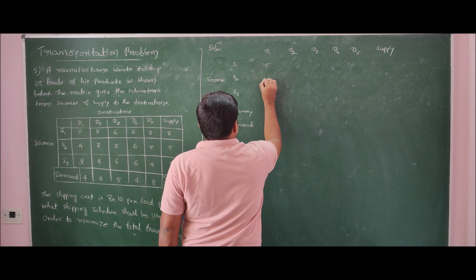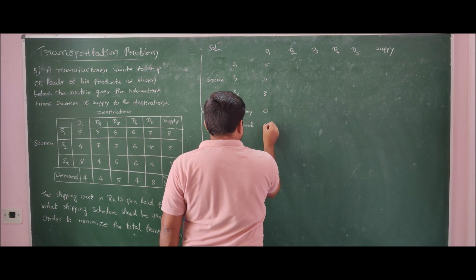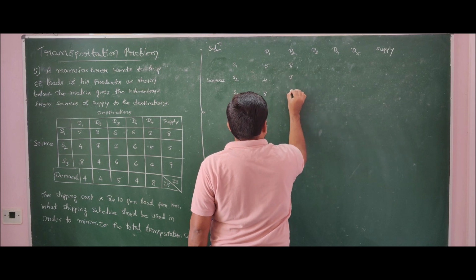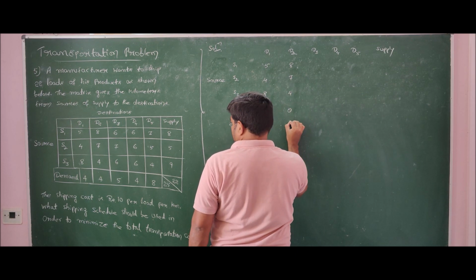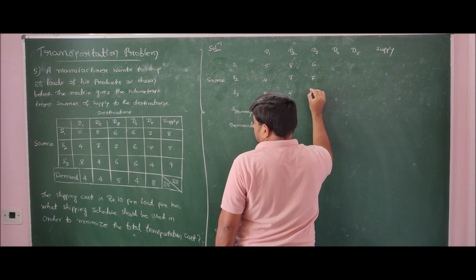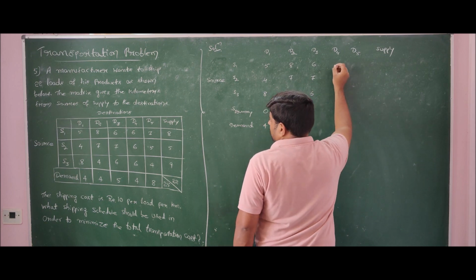that is 5, 4, 8, 0, 4, then we have 8, 7, 4, 0 and 4, then we have 6, 7, 6, 0 and 5.